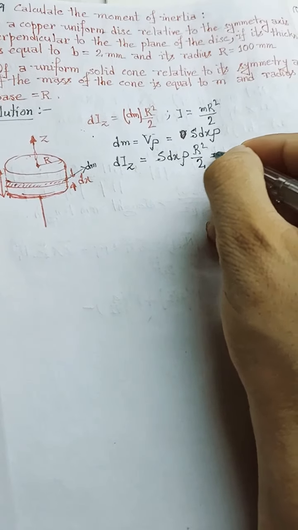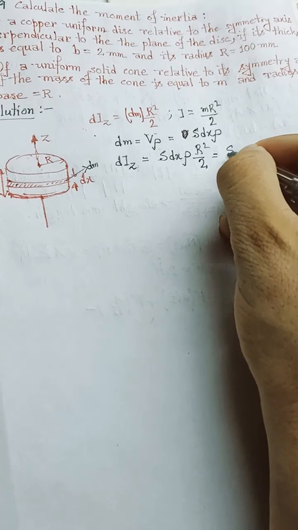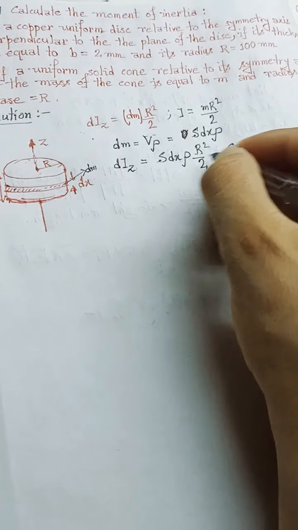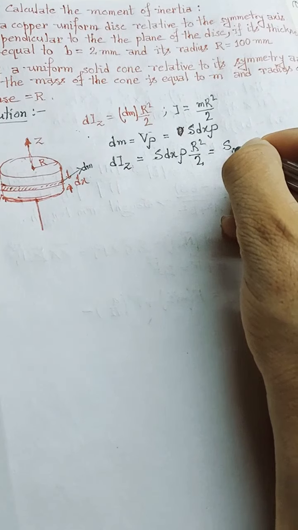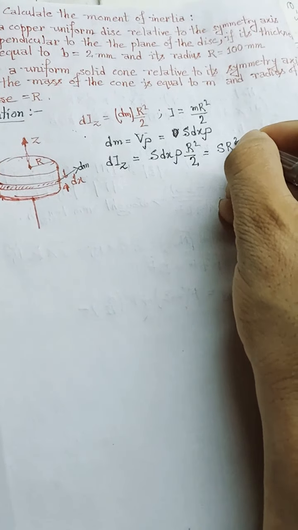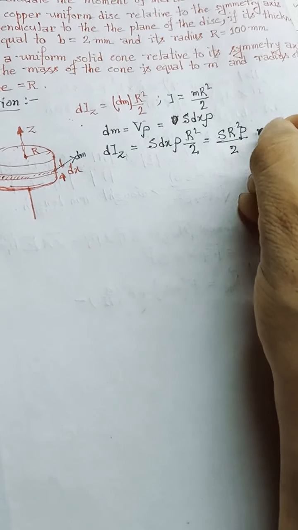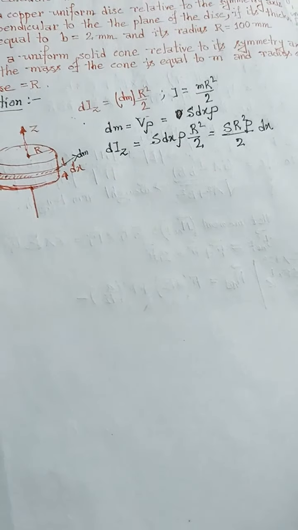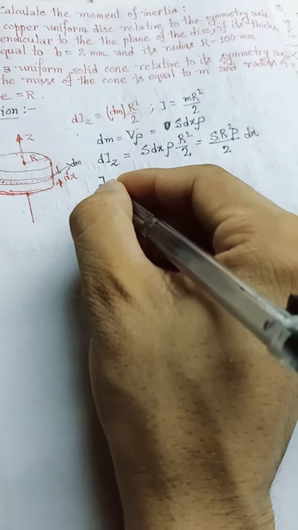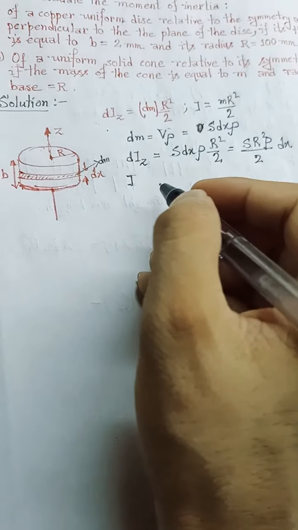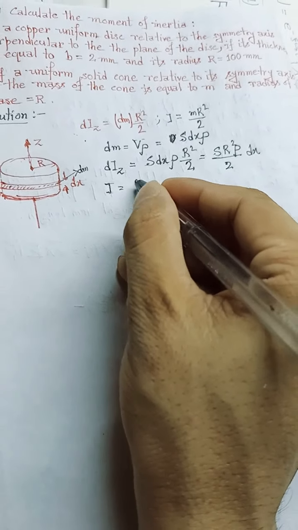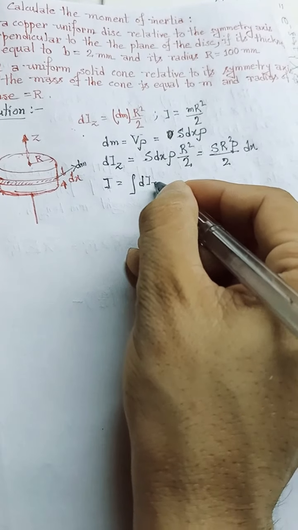Before that, we arrange it as S r square rho divided by 2 into dx.